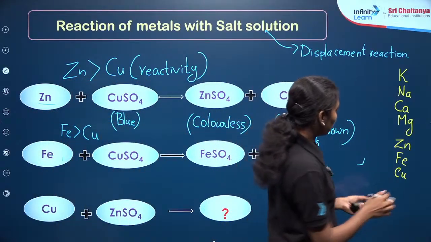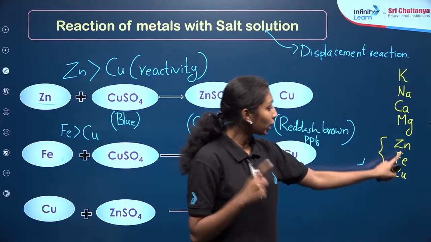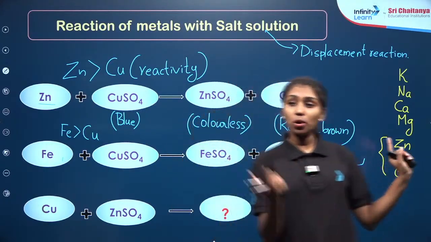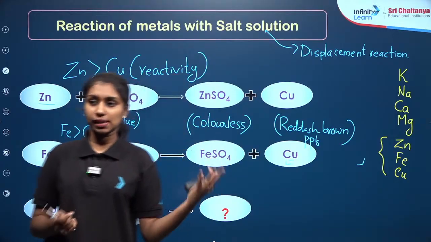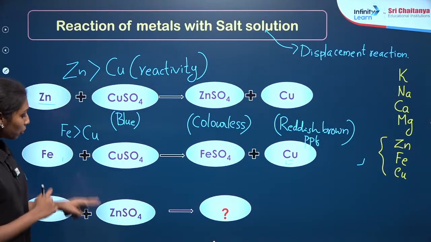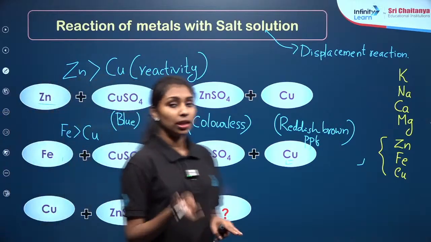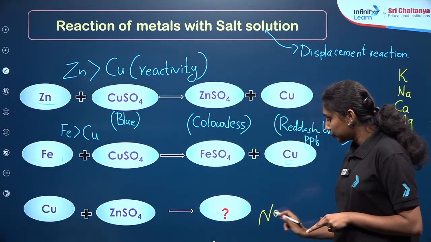So if you are writing down the reactivity series, you can say that zinc is more reactive than copper, right? So zinc can displace the copper, but copper cannot displace the zinc. So if you are taking copper plus zinc sulfate, copper cannot displace the zinc from the zinc sulfate solution because of the reactivity difference. So we will not get any reaction here.